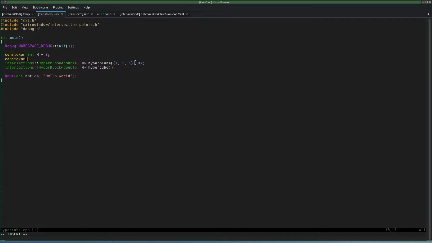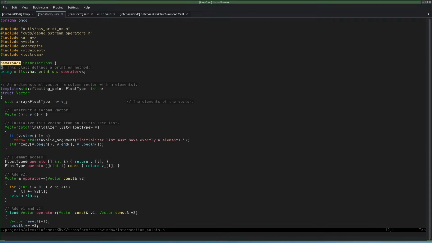I can only pass an initializer list. I can't pass anything else. Stupid. No, yeah, whatever. -1, -1, -1. 1, 1, 1. And then the intersections are calculated.